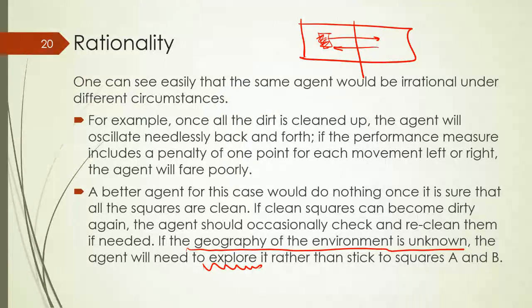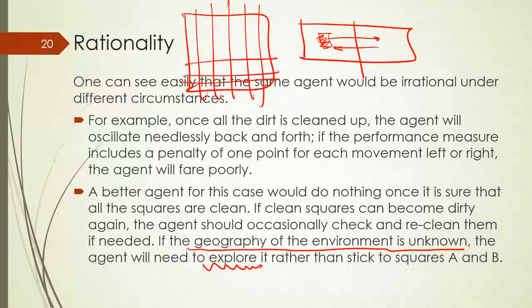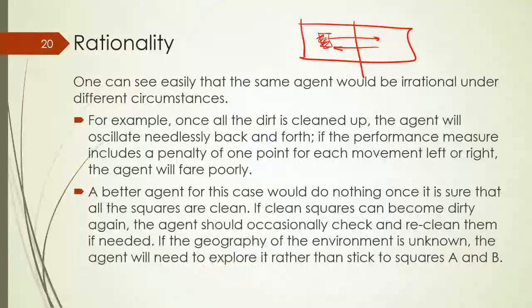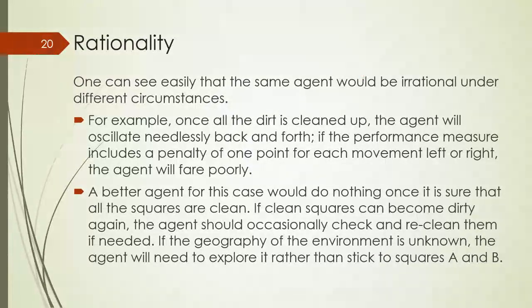If I change my environment from 2 squares to something different, and your agent doesn't know how many squares it has, and even in a different shape, not just a bigger square shape, it can be any other shape, then in addition to just going left and right, up and down, your agent has to have a plan how to explore the environment.